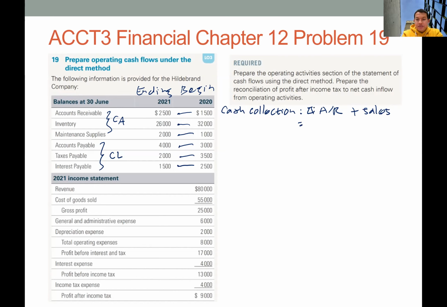So the beginning balance of account receivable is 1,500, minus 2,500, plus the sales, which is 80,000. So we'll have 79,000 of cash collection from customers.